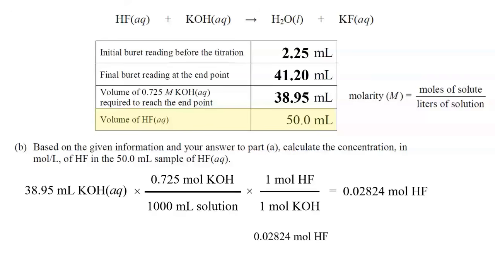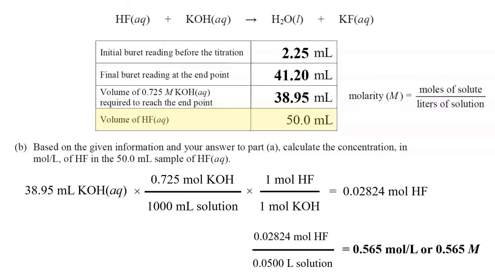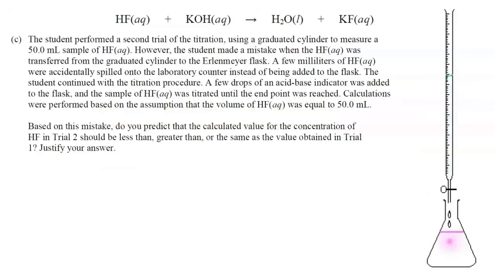So divided by 0.0500 liters. This will give us our molarity. So if we do this math, we get 0.5648, rounding off to 3 significant figures, 0.565. And you could say capital M, or moles per liter.